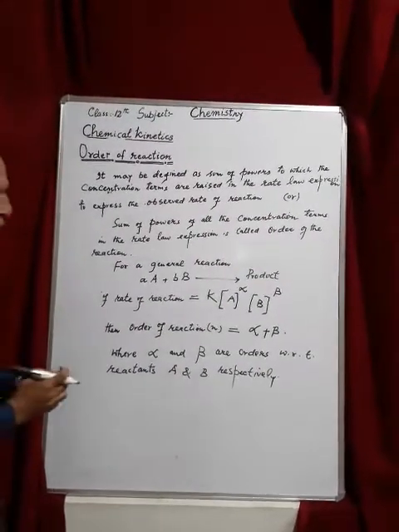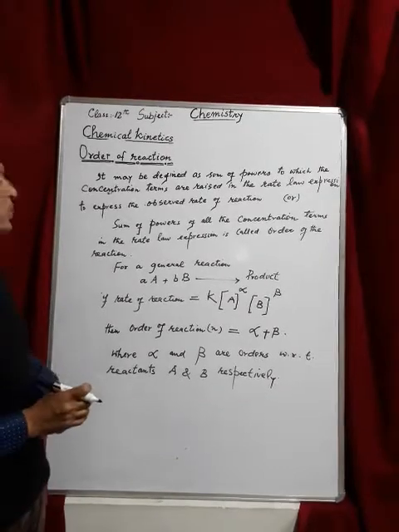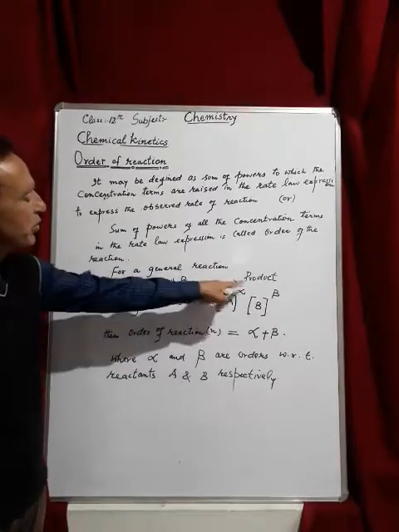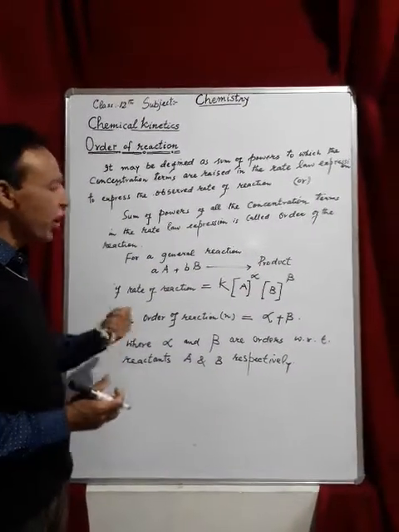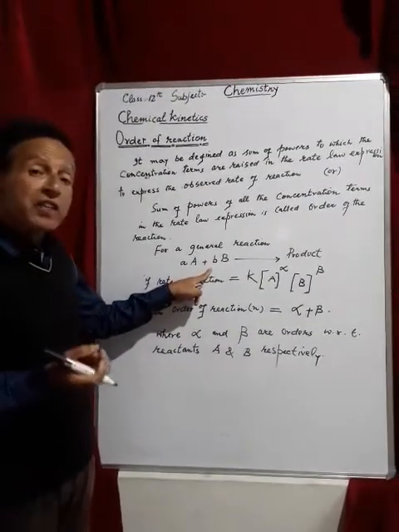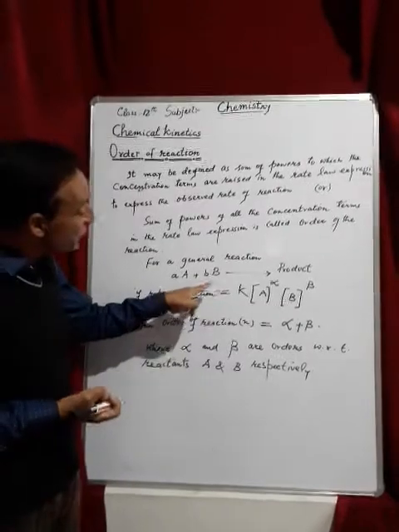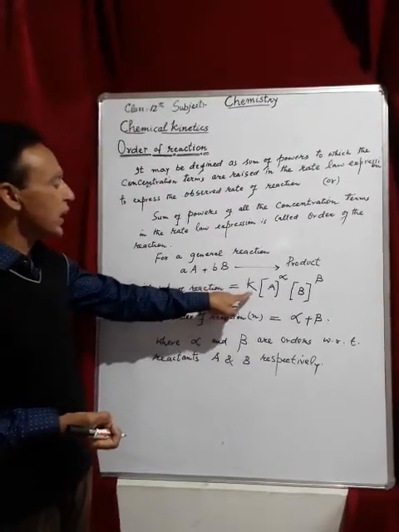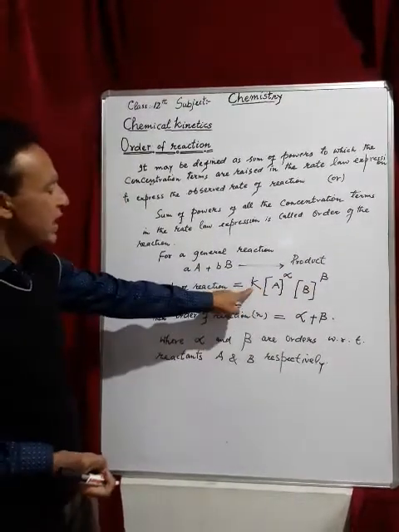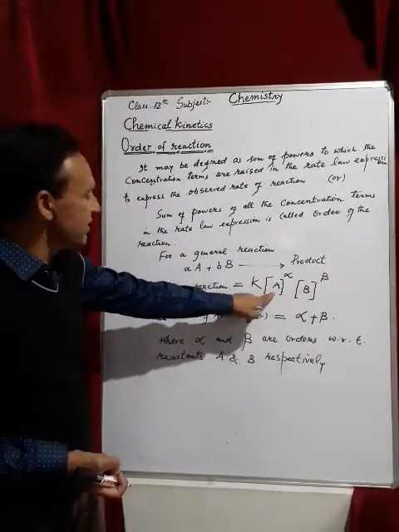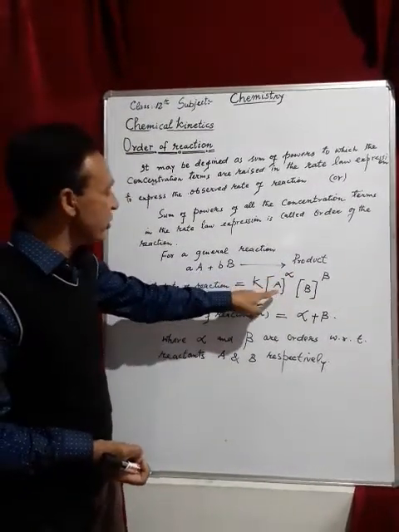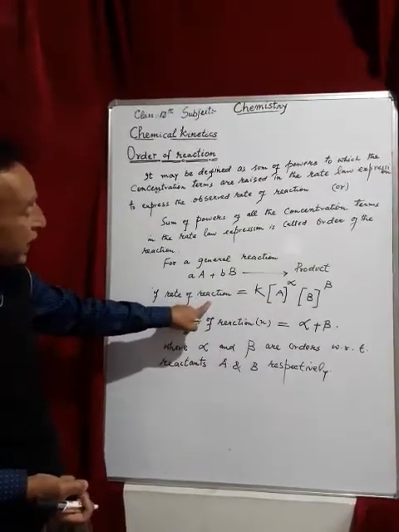Now we will explain this order of the reaction. Suppose we have a general reaction aA plus bB gives the product, and according to the rate law expression we will write the rate of this reaction, which is observed experimentally, that it is equal to k [A] raised to power alpha [B] raised to power beta, where k is the rate constant, [A] and [B] are the concentration terms, and alpha and beta are the powers which determine the rate of reaction.